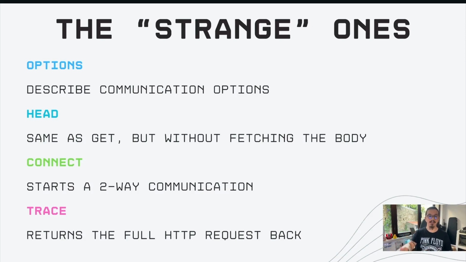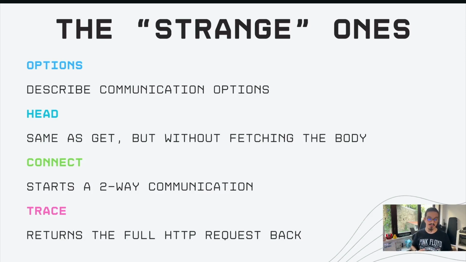You send the request to the client, it sends that request to a specific resource, it reaches the server, and it goes back to the client again with the full information about the sending and the response. So you can use that to debug something.